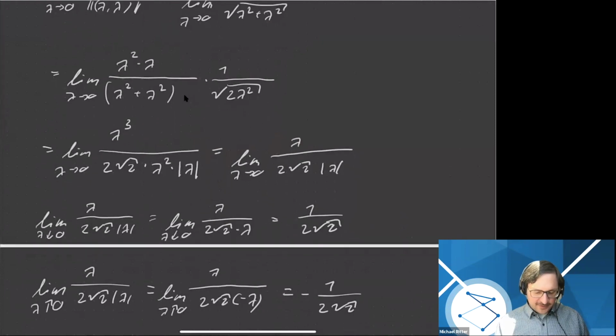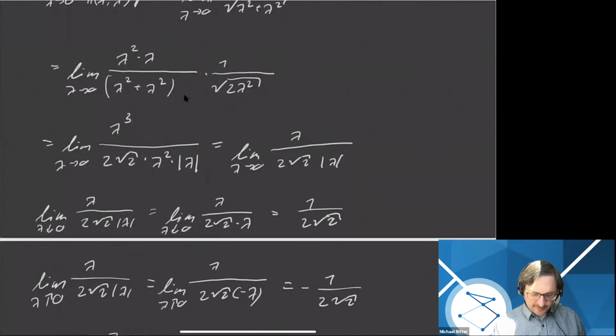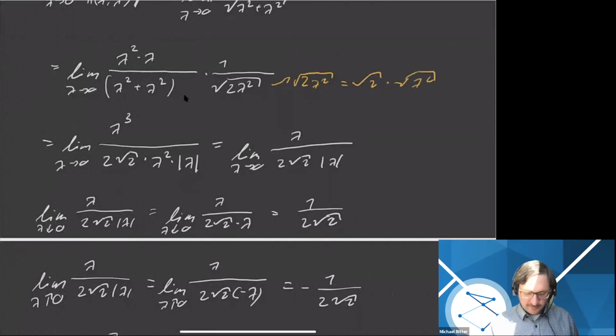And then I'm breaking this up. So I'd say, well, the square root of 2 lambda squared is the same as the square root of 2 times the square root of lambda squared. And the square root of lambda squared, well, that's just lambda, with the one problem that if lambda is negative, then of course the square root is not negative.